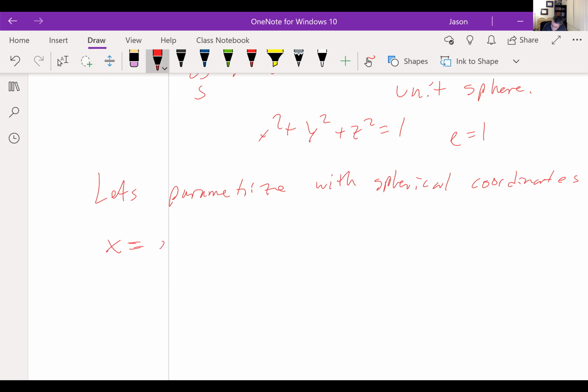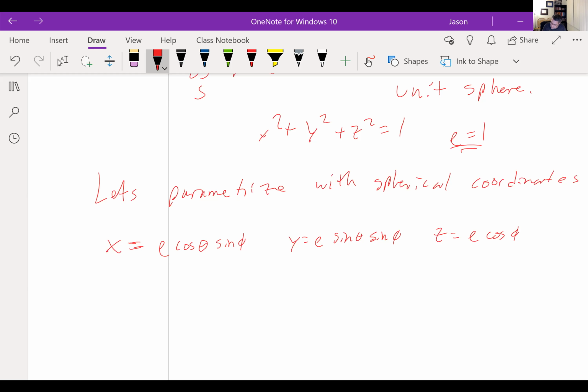So x equals rho times cosine theta sine phi, y equals rho times sine theta sine phi, and z equals rho times cosine phi. Well, rho is equal to 1 here, so you don't have to worry about it.